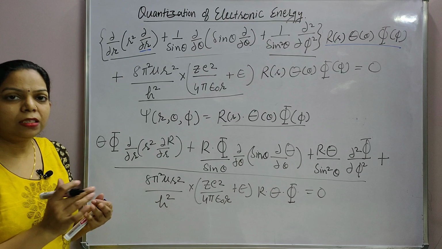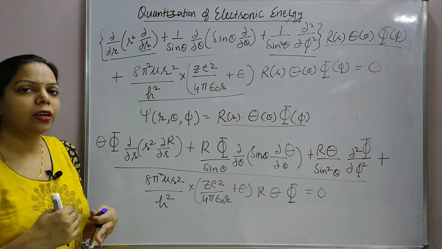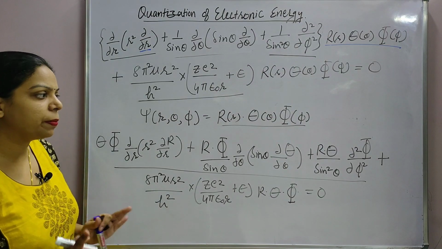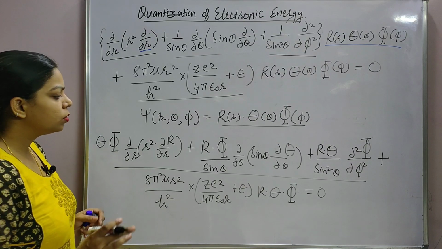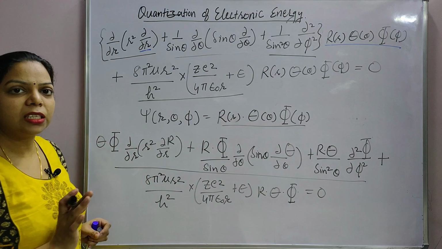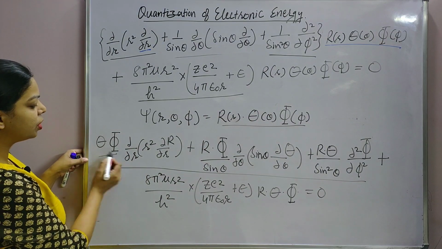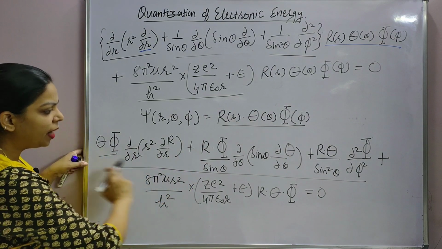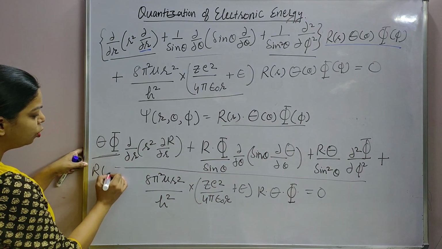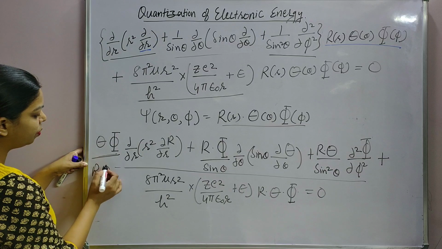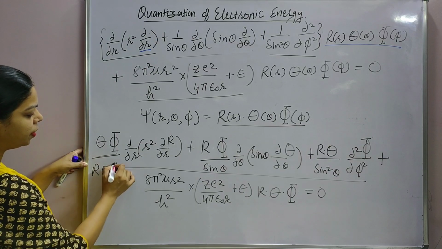So please do the steps one by one and keep in mind how to separate them, otherwise it can cause confusion. Now after multiplying it inside, we need to remove these extra functions. So divide this entire term by r theta phi. Next is to divide this entire term by r theta and phi.